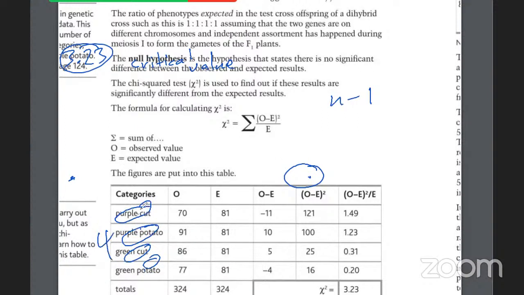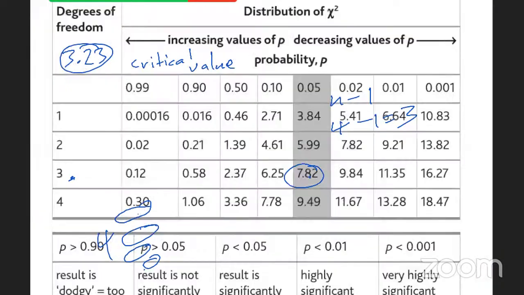So once you do a dihybrid cross, you're going to have 4 categories, and you take away 1 from it, which leaves you with 3. So the degrees of freedom is 3. That is why you come to this here. And for biology, we're using 0.05. So look where the 0.05 and the degrees of freedom meet. This value, yeah.